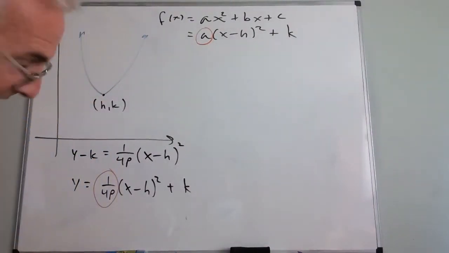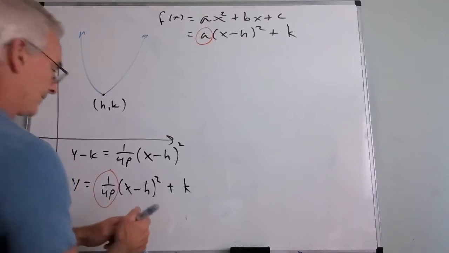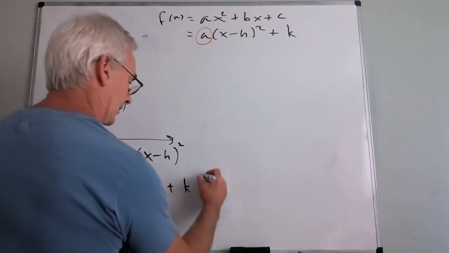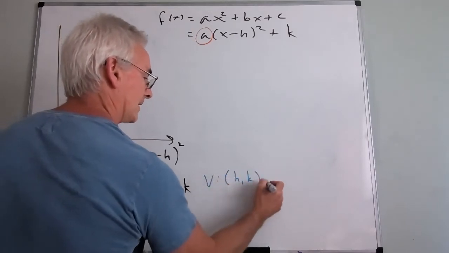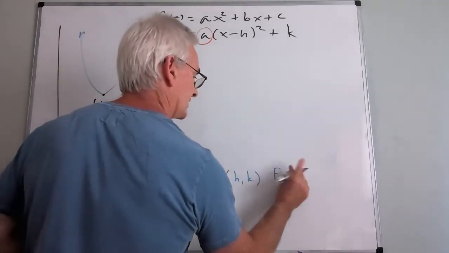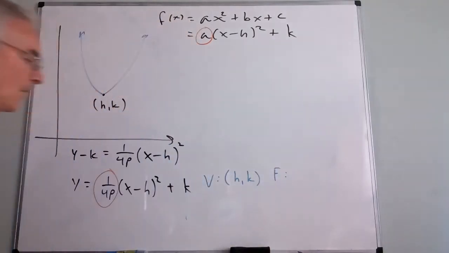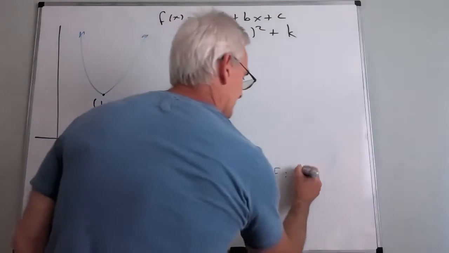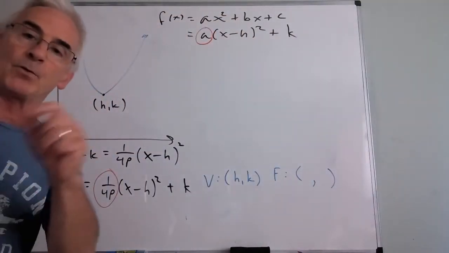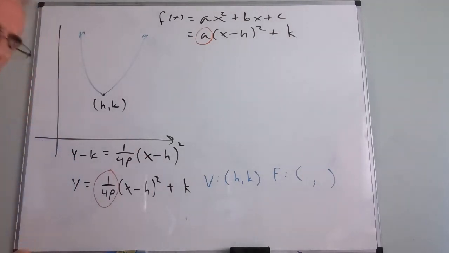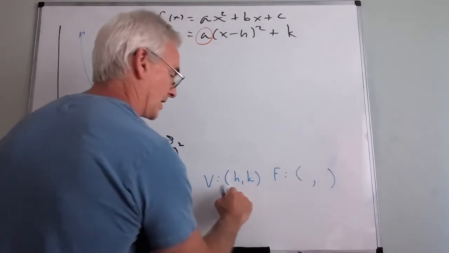So in this problem right here, my vertex is the point h comma k. My focus is what? Well, let's see. Am I moving vertically or horizontally to get to my focus? Vertically. I'm moving vertically, so I'm going to add to the y coordinate, not to the x.